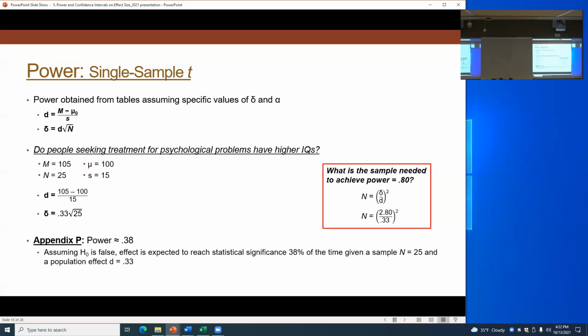Questions about this? Yeah. Do we only use LSD for this, or do we use any effect size? Well, you can use any measure of effect that you think is useful. Generally, this corresponds to calculating confidence intervals around effect sizes.